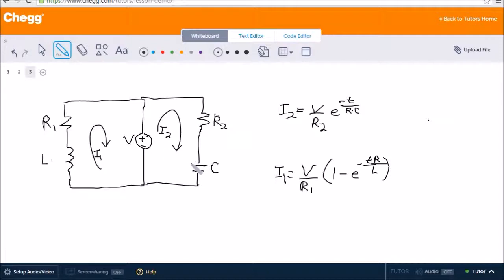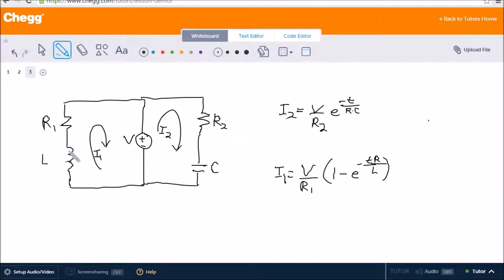So I2 should eventually become zero. That makes sense, because if you put infinity for t here on I2, the limit as t approaches infinity will be 0. Inductor's opposite. After it charges up, it acts like a short circuit, so just a wire.